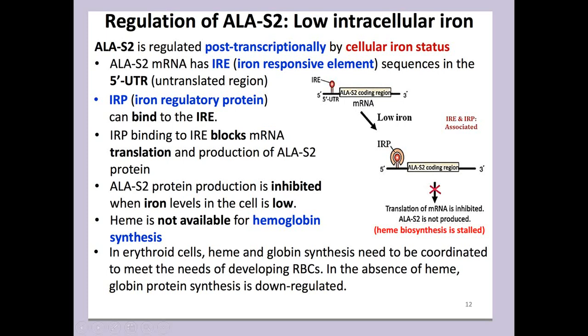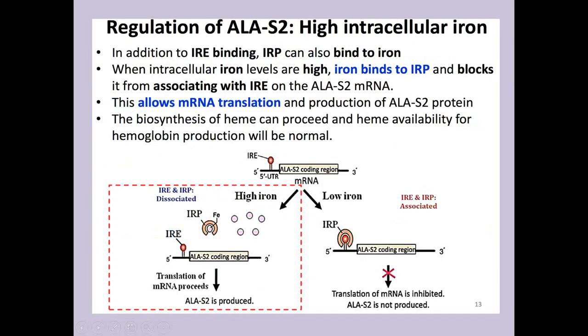Then ALAS2 protein production is inhibited, and when iron levels in the cell are low, heme is not available for hemoglobin synthesis. In erythroid cells, heme and globin synthesis need to be coordinated to meet the needs of developing RBCs. In the absence of heme, globin synthesis is downregulated.